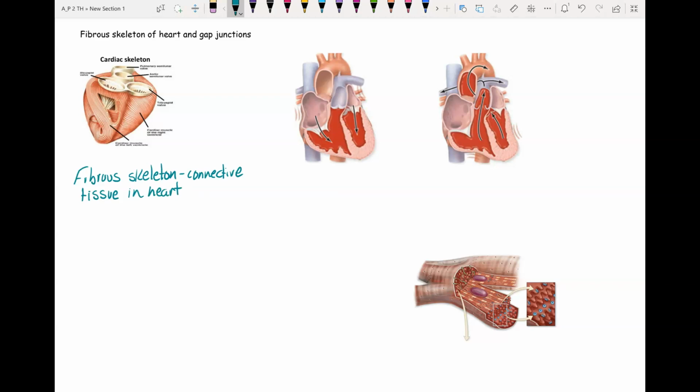Your skeletal muscles are attached to your bones. Your heart doesn't have any bones in it for the muscle tissue of the heart to attach to. So instead it has this connective tissue framework that the muscle cells attach to. So it provides the framework.